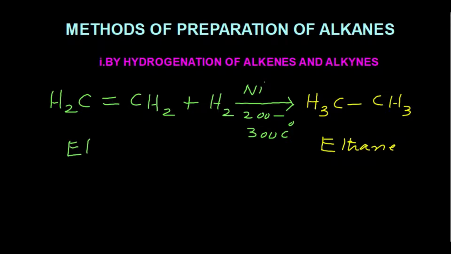This is ethene. Now students, to understand the concept, we will take one more example. For example, if we have an ethyne molecule and we do the hydrogenation of ethyne. We know very well that an alkyne has a triple bond between two carbon atoms.